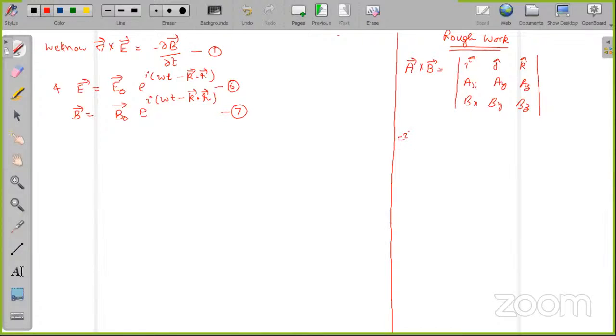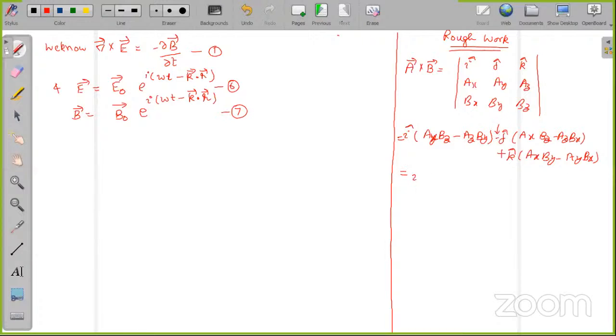I cap, it will be AY, BZ minus AZ, BY, minus J cap, AX, BZ minus AZ, BX, plus K cap, AX, BY minus AY, BX. Now I want this minus sign to become plus.